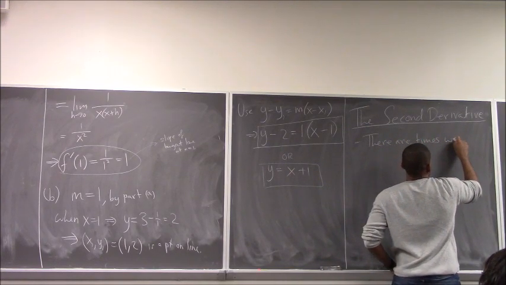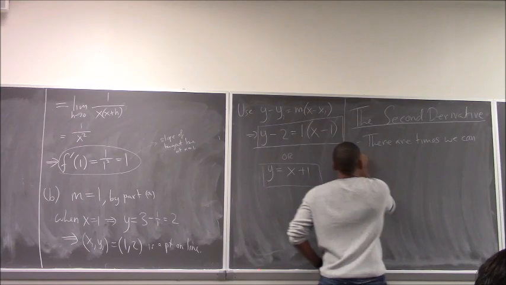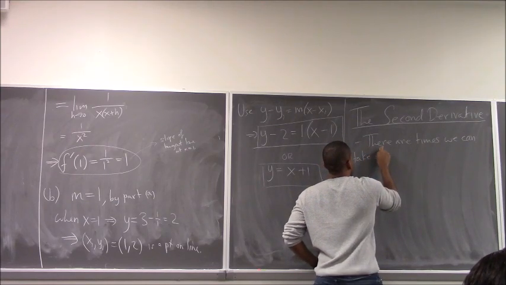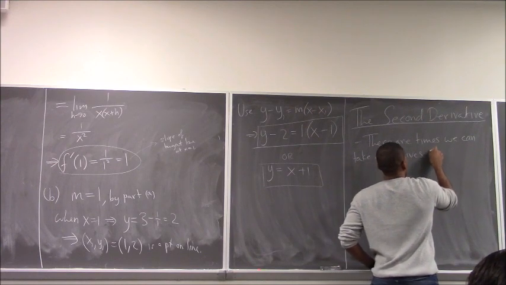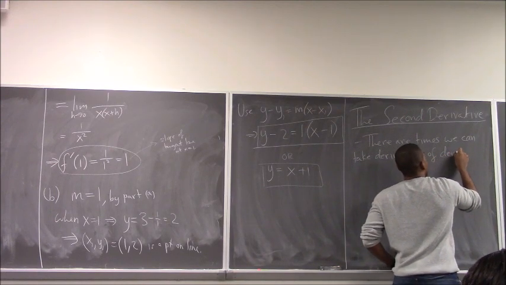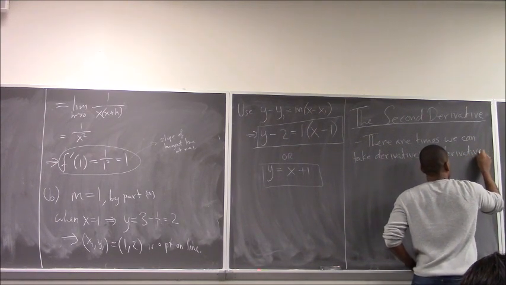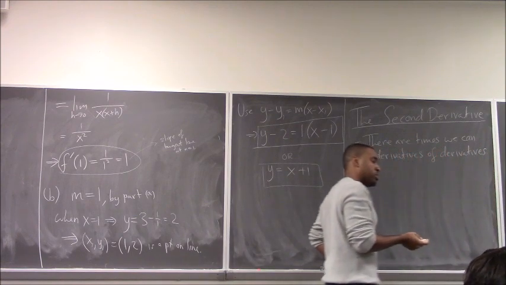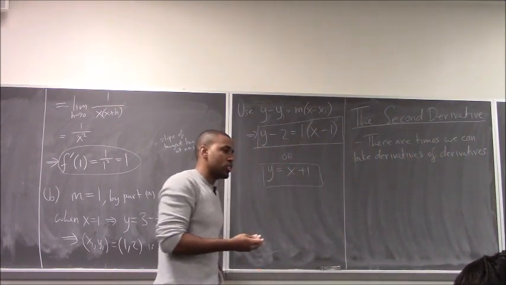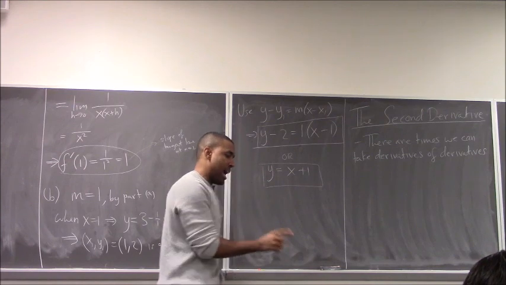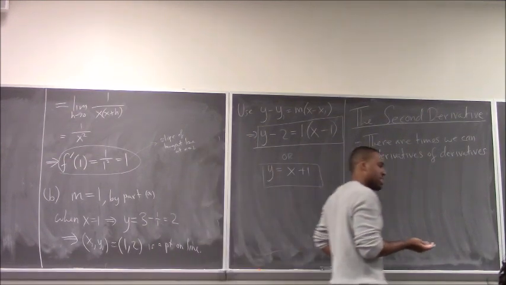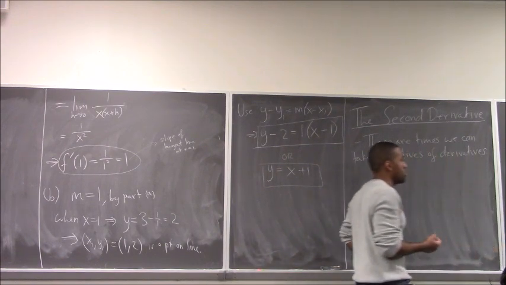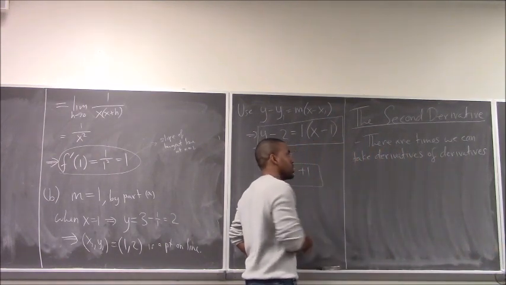There are times we can take derivatives of derivatives. In this class, you'll always be able to do that. There are some exotic functions where once you take a derivative, the answer you get, you actually can't differentiate it. But we're not really going to see something like that, but just know that there are cases like that.